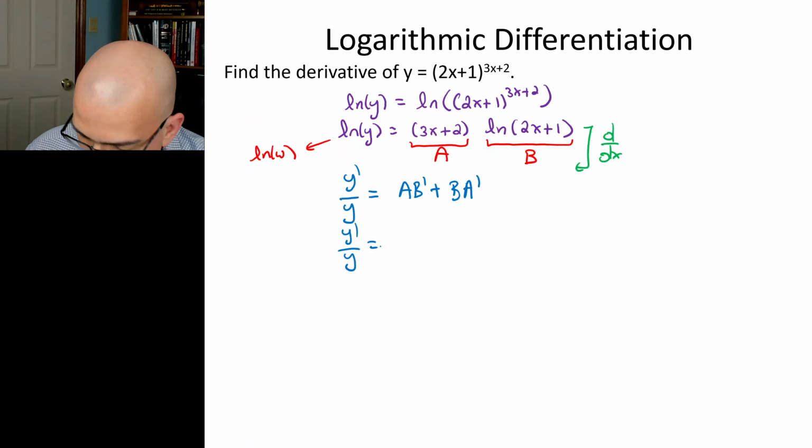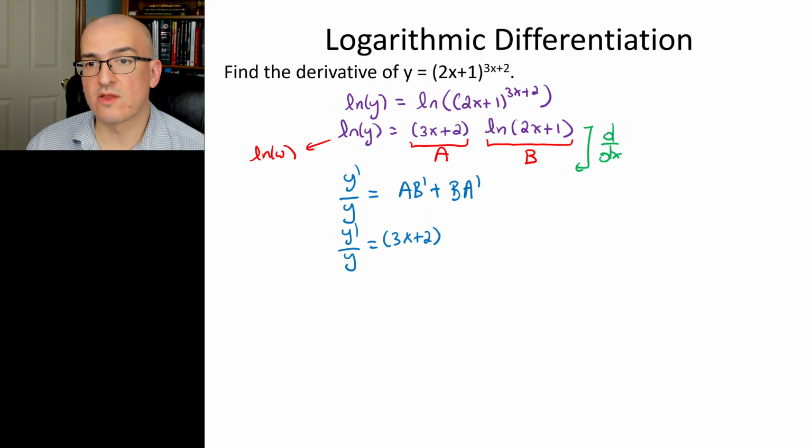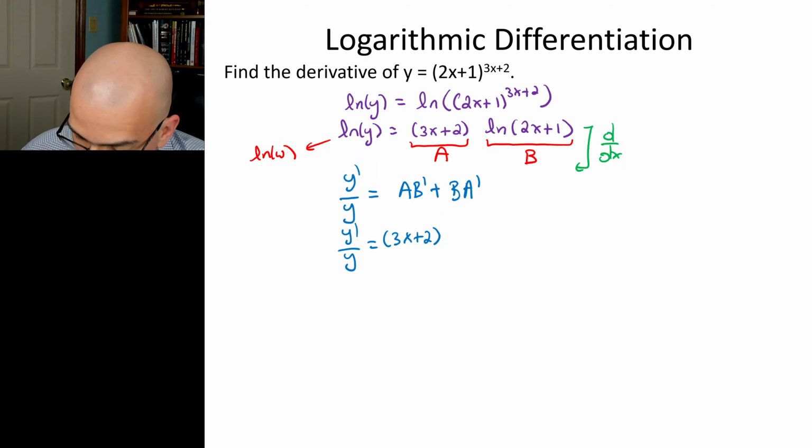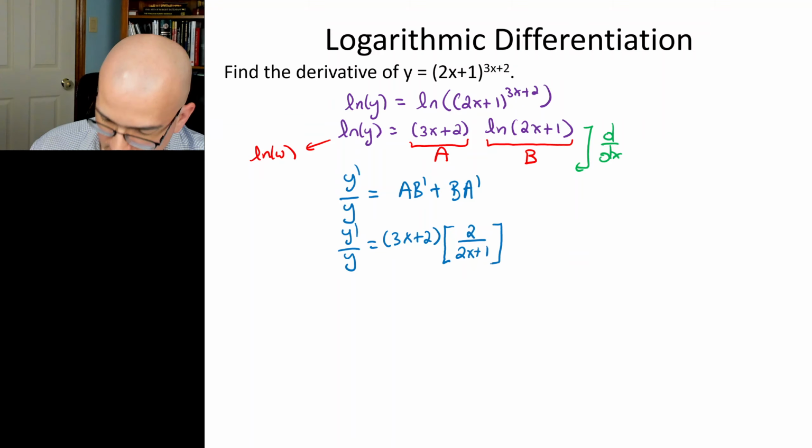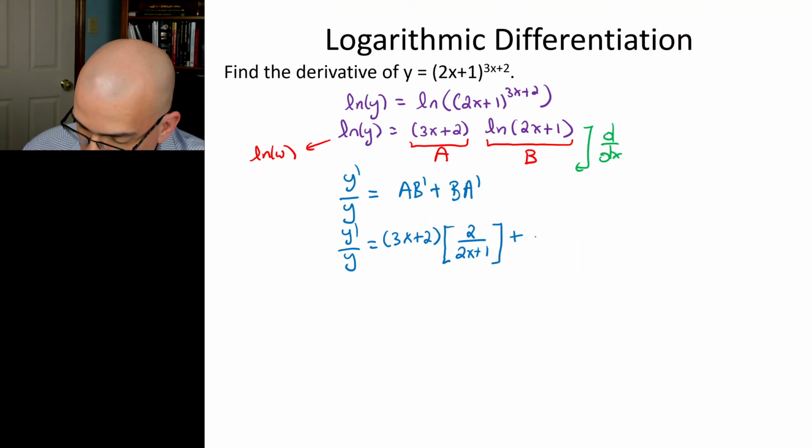So y prime over y is equal to a, 3x plus 2, times b prime. B is the ln of 2x plus 1, so I'll have ln of w, derivative of ln w, w prime over w. Derivative of 2x plus 1 is 2, so 2 over 2x plus 1, plus b, ln of 2x plus 1, times the derivative of 3x plus 2, which is 3.